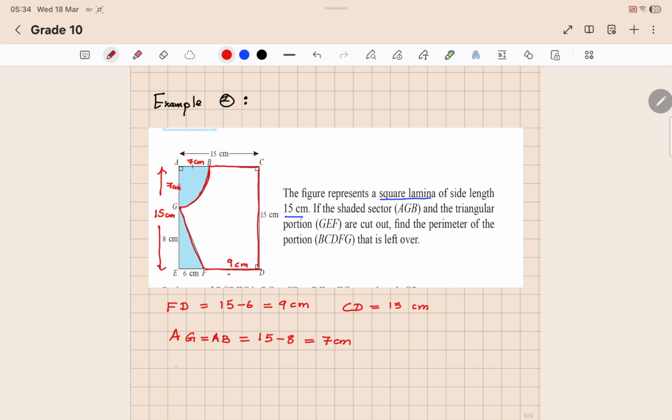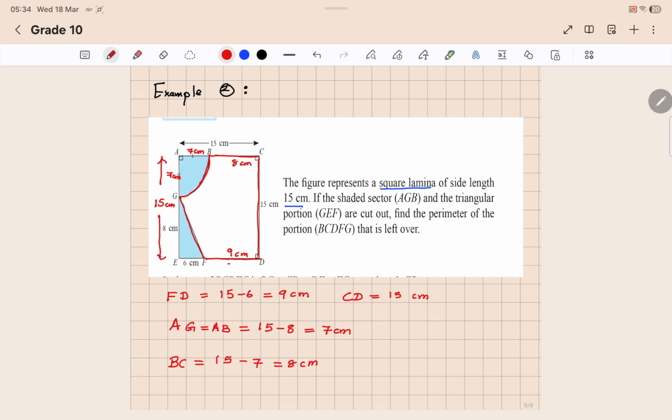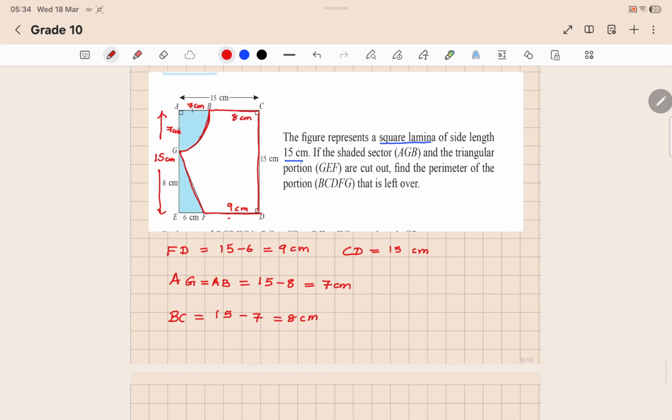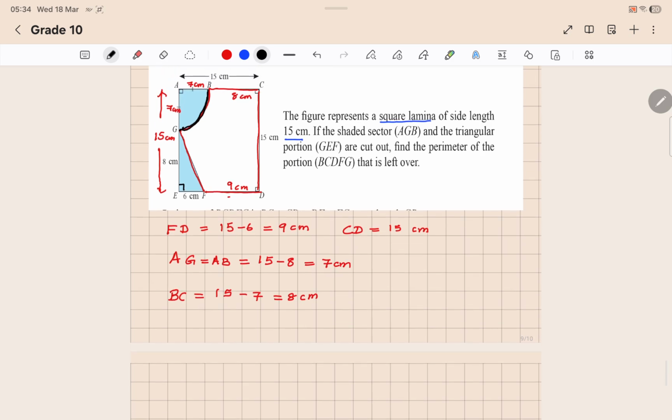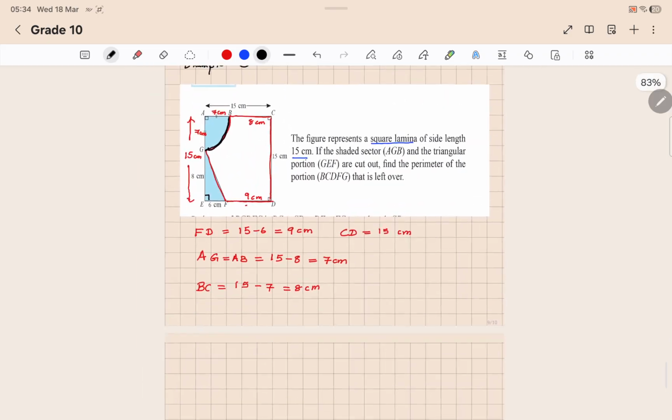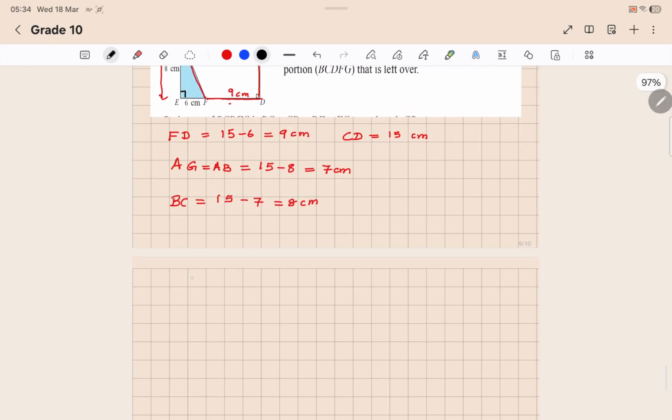Then we can figure out the BC length now. What is the BC length? Total length is 15. From 15 you have to get rid of 7. So BC is 8 centimeters. So then to figure out the perimeter we need what? BG length and GF length. So we'll first find the GF length using the right angle triangle.